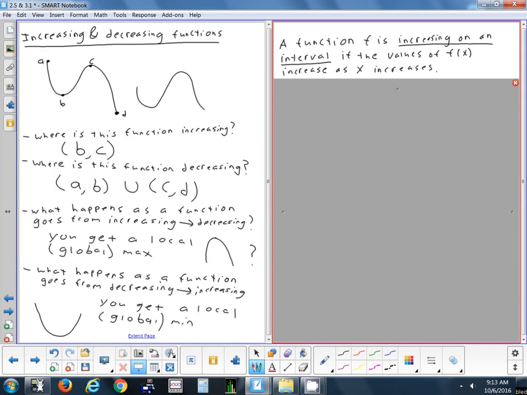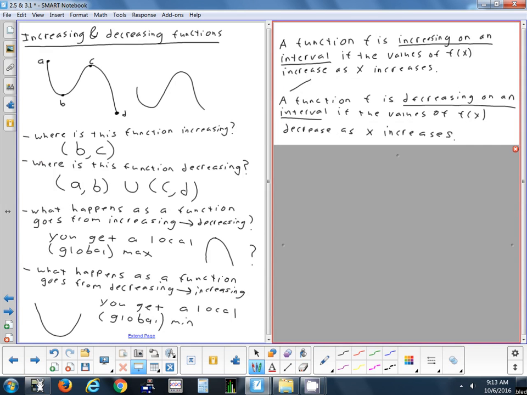Get rid of everything else. Does anybody still need to see what's on the left part? No? Okay, so I'll cover that up with the calculator. I'm going to do zoom 6, because I think from the problem we did in the homework, our window was at like 6,000, so that's way too high for this one. And now I want to find the intervals where that is increasing and decreasing.